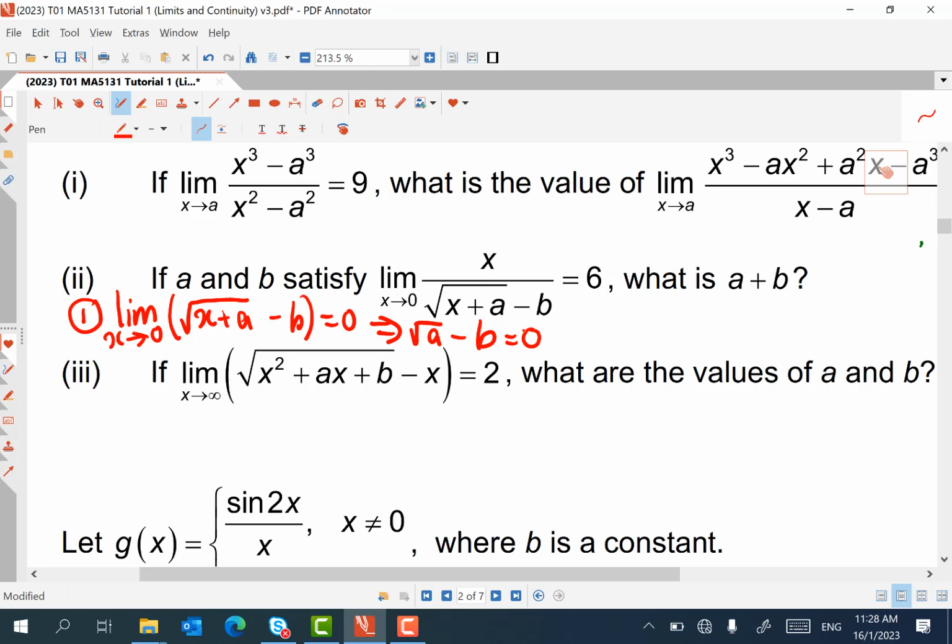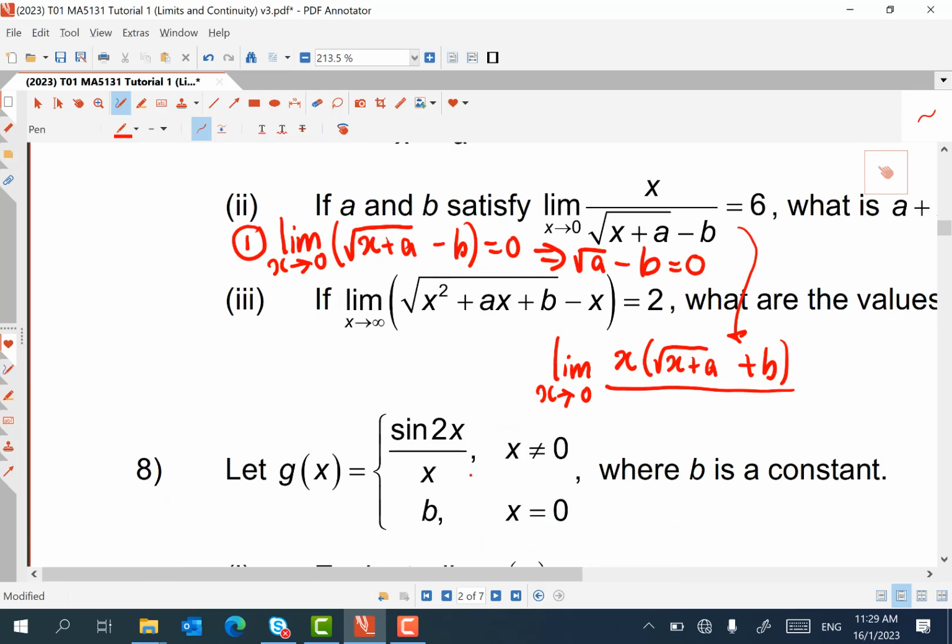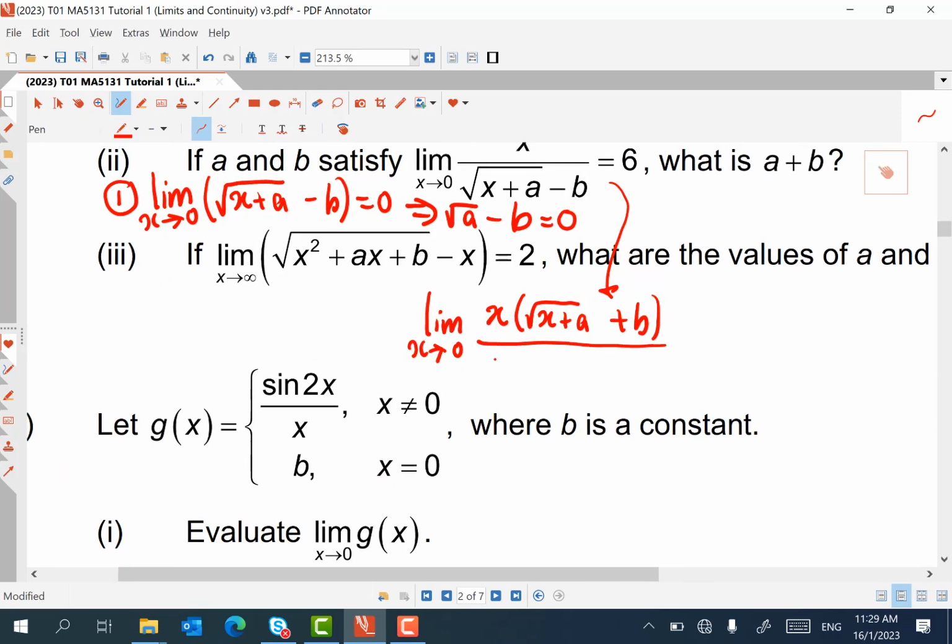Because this involves a square, right? So we are going to do the same thing, I'm going to times by the conjugate. x plus a minus b squared.